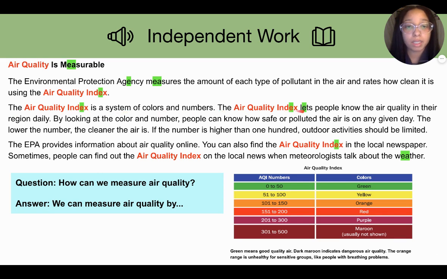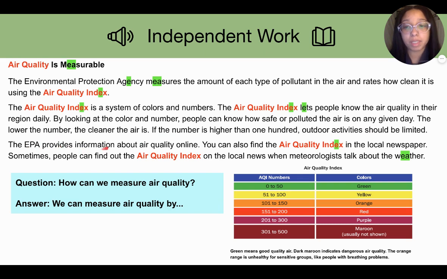The Air Quality Index lets people know the air quality in their region daily. By looking at the color and number, people can know how safe or polluted the air is on any given day. The lower the number, the cleaner the air is. If the number is higher than 100, outdoor activities should be limited.